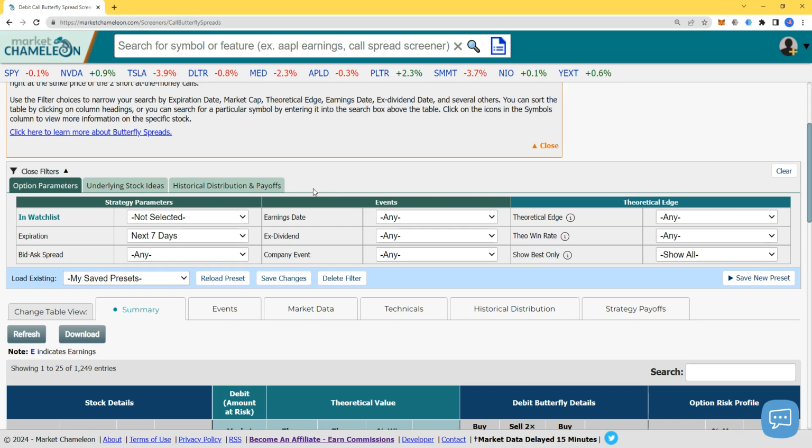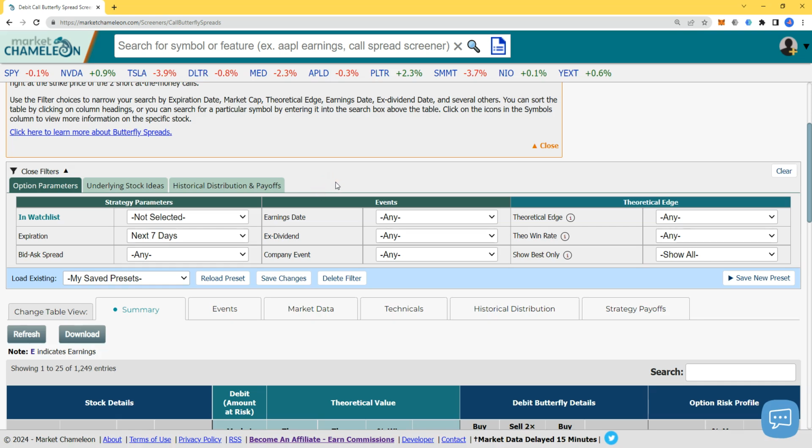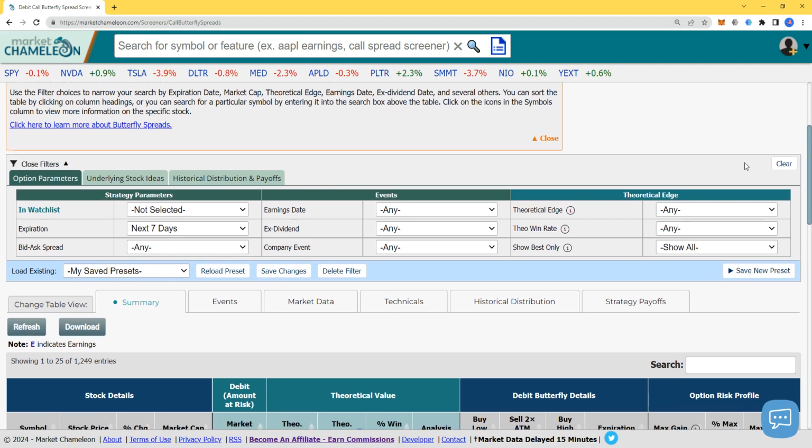I want to know if I put the butterfly on now, the stock will not move and everything is good and I will collect as much income as possible. Now, will it happen? I don't know. But can you close the trade close to where you sold it? That's a possibility. So I haven't done anything in here. I just changed the expiration to the next 7 days.